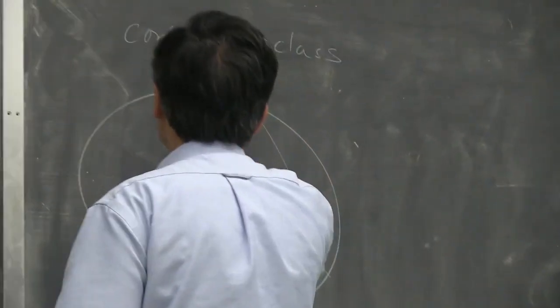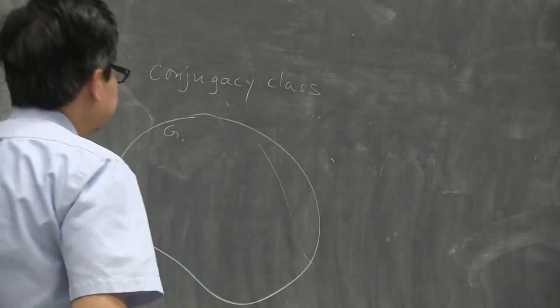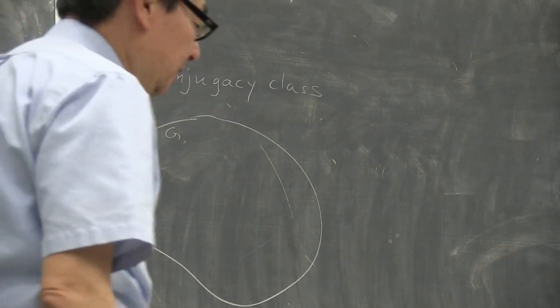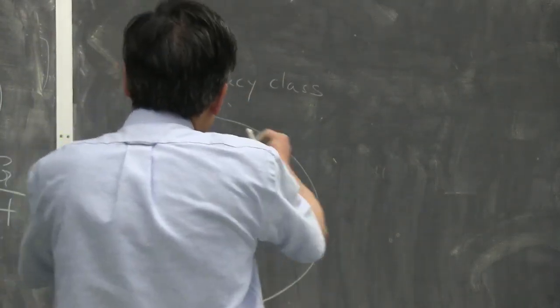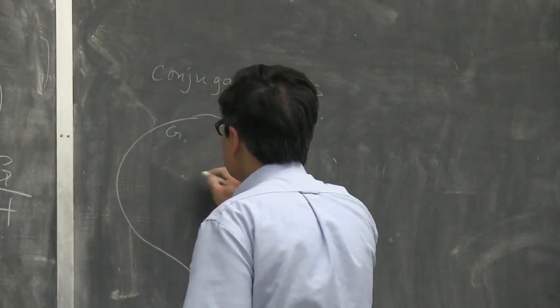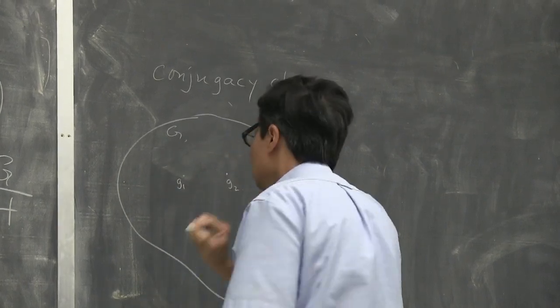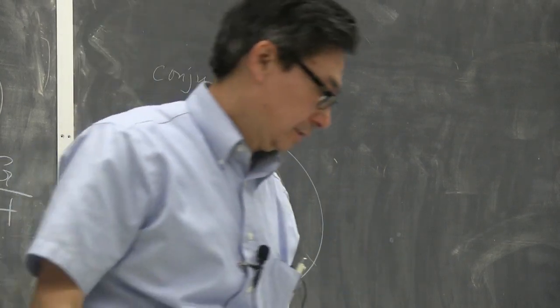So you have a group G. A conjugacy class is defined by what is called an equivalence relation between elements in the group. Let's say you have 2 elements in a group.